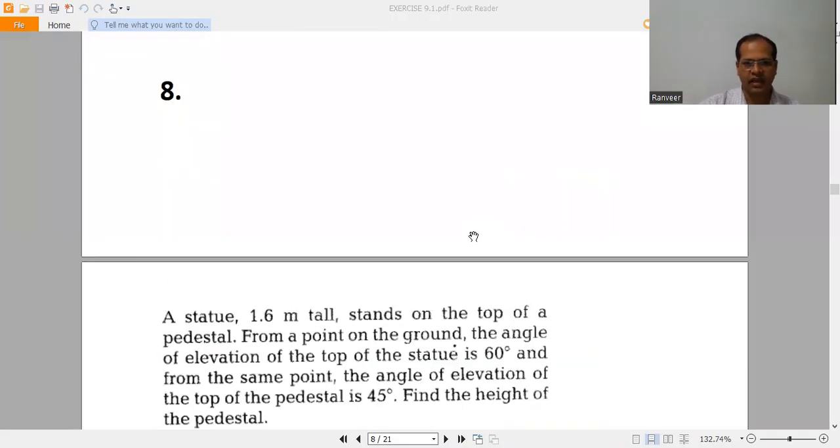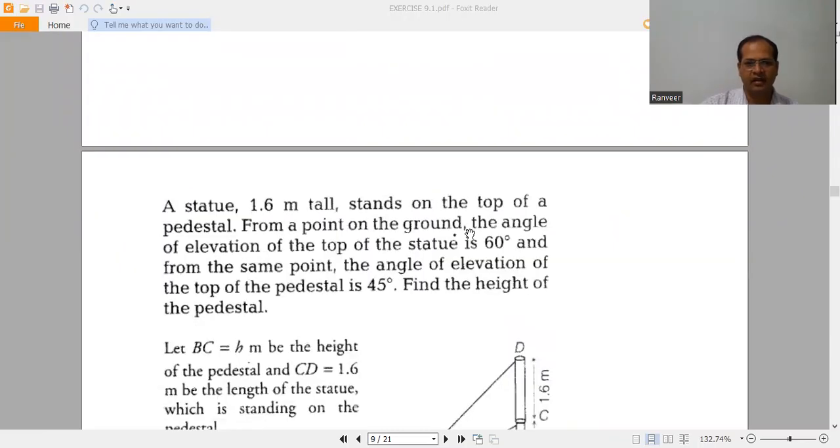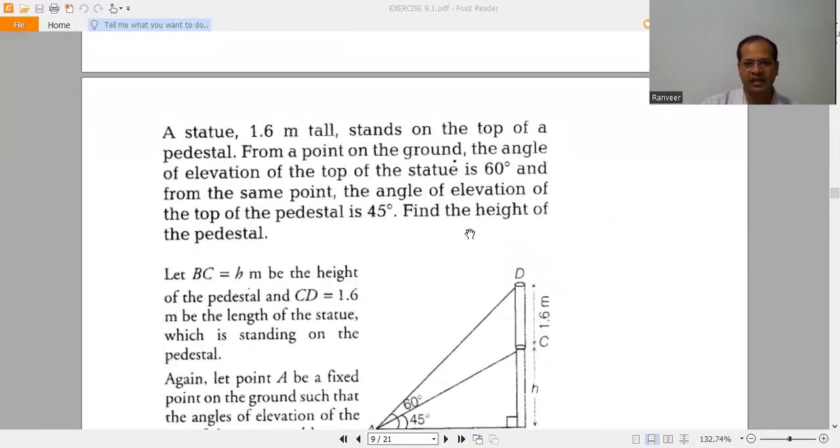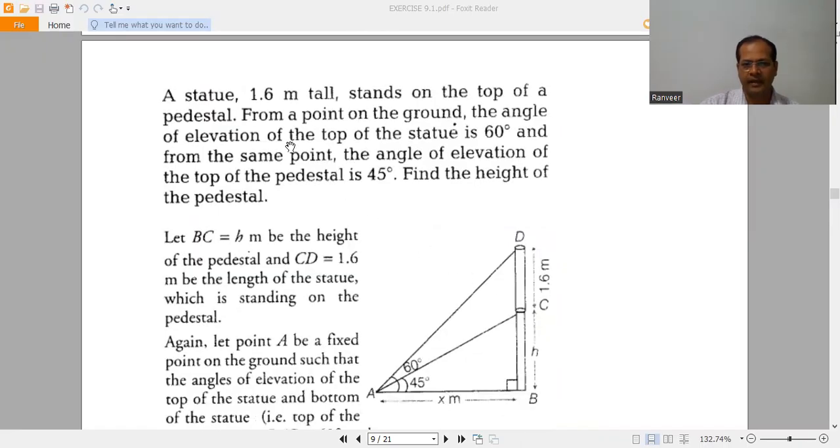Next, question number 8. A statue 1.6 meter tall stands on the top of a pedestal. From a point on the ground, the angle of elevation of the top of the statue is 60 degree.